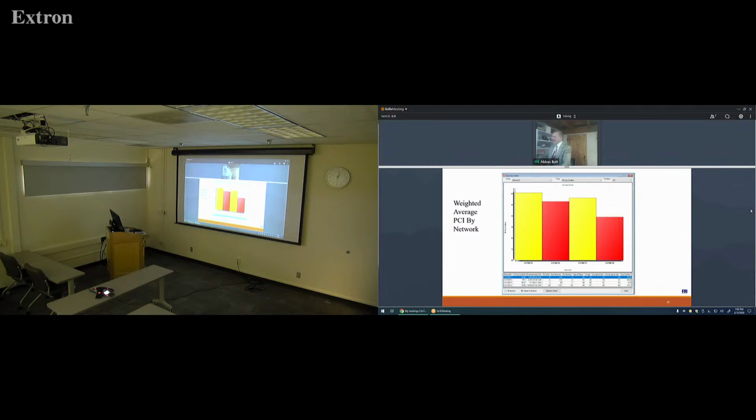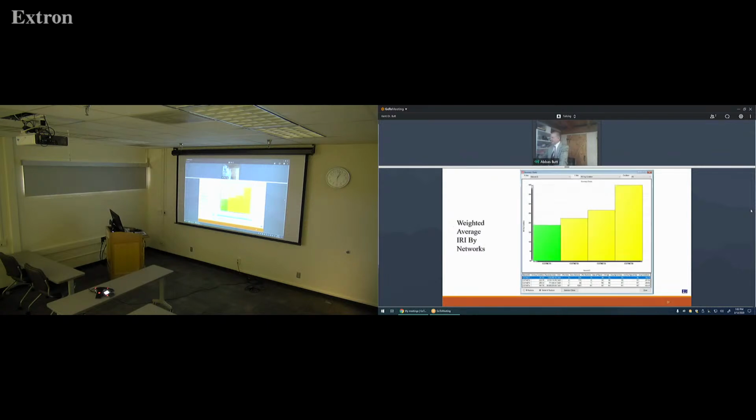Next network is non-assigned arterial street. The PCI for that network was about 53. These PCI values are from when we did the pavement condition survey. And then the PCI value for network 4 residential was 39 average for the whole network.